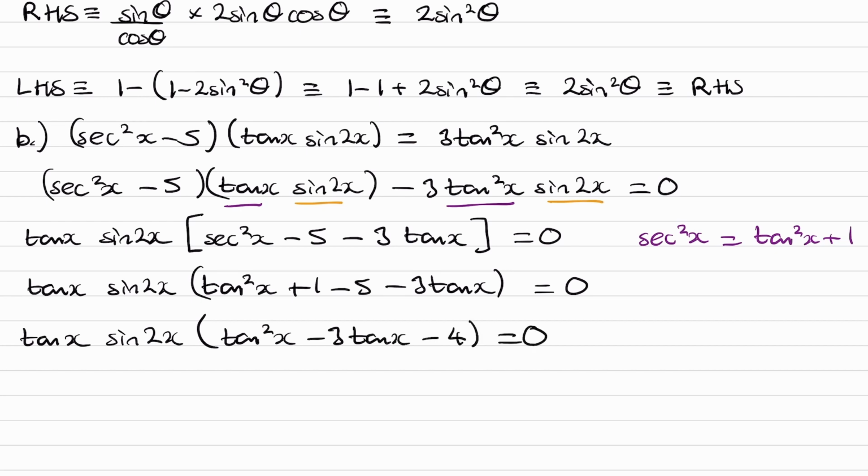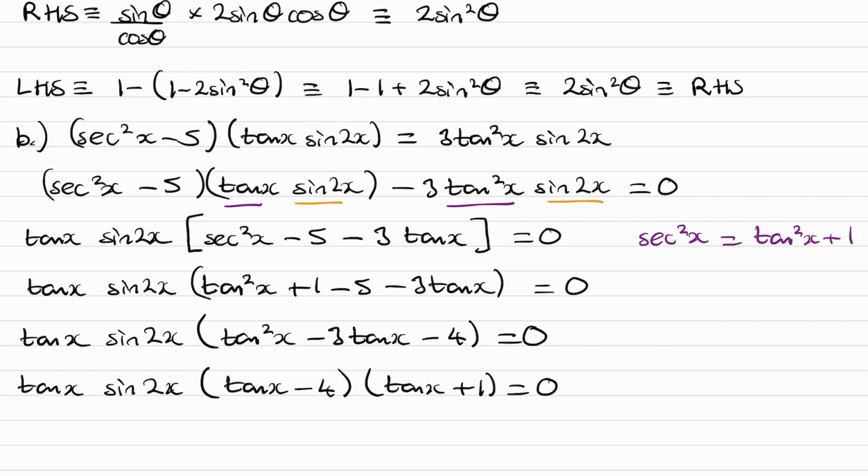And what we have here is a quadratic, so then we can factorize that. It then becomes tan x minus 4, tan x plus 1. And now we can solve this equation. So all of these four things are multiplied by one another.